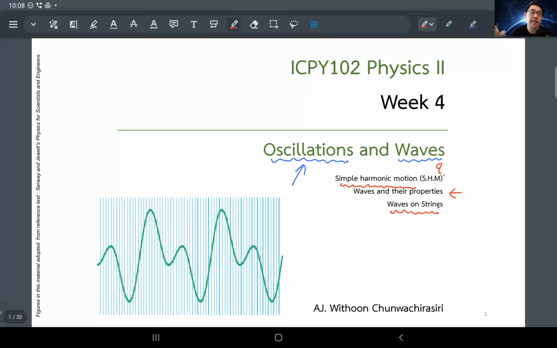Once again, it's just like using gas to study thermodynamics; strings here will be used to study waves. We just pick a system that is easy to use, easy to picture, easy to understand, and whose properties are not too complicated, and then you can use this as your system for study. So that's the point of why.